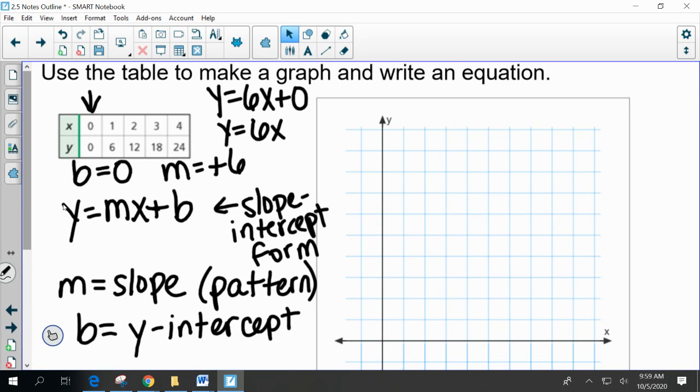And then I just need to graph this. That's the only thing I have left to do. So I would probably go up by 6's again. Or I'll make each box worth 3.